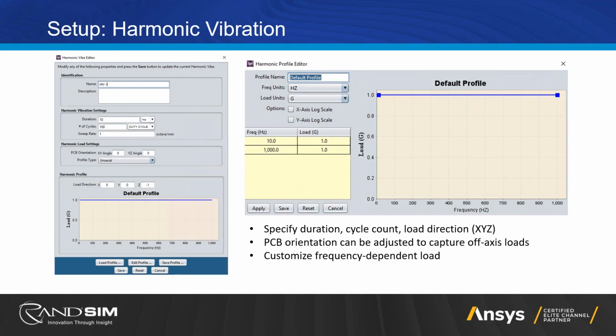And then like random vibration, we can also run through harmonic vibration. So instead of it just occurring randomly, we can also specify specific loads at specific frequencies or sweep through to accomplish a similar effect.